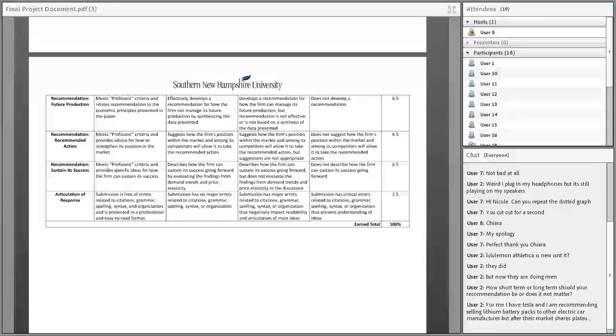You're not just going to say in general that it's going to increase or decrease prices because the market trends show that the price elasticity is elastic, but you will provide an example and ideas. Specific ideas can be based on something you observed from the past that they can redo in the future, or it can be based on something you read in Hubbard. You just want to substantiate and support your recommendation.